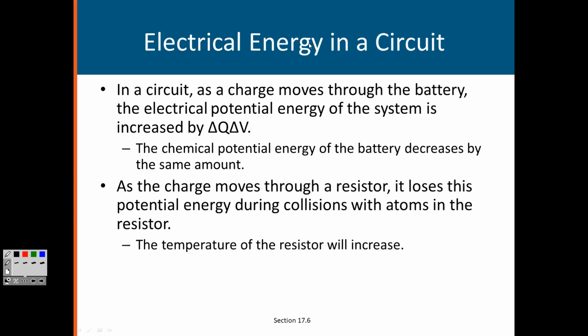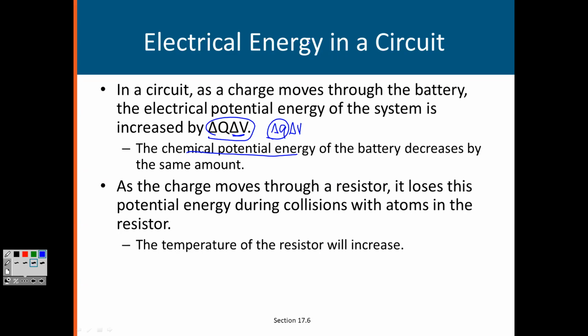So the potential energy of the system is increased by this amount, because if there is a potential difference of delta V, the change in the potential energy will be, instead of Q, I'm going to call it delta Q, the amount of charge that is being pushed out. Where is it getting the energy from? From the chemical potential energy inside the battery. So that chemical potential energy inside the battery decreases and it comes out as electrical energy that is supplied to the circuit.